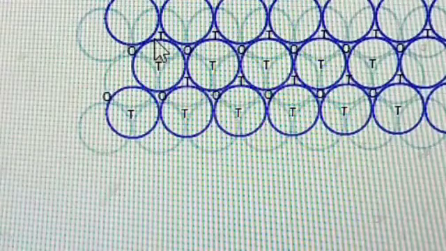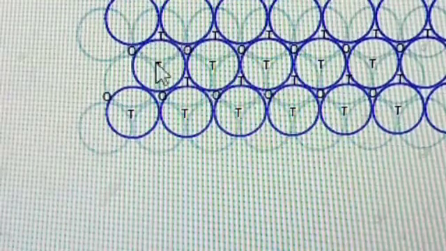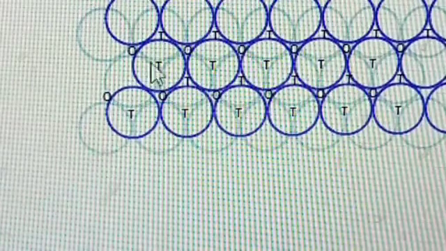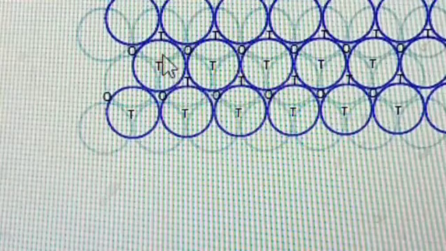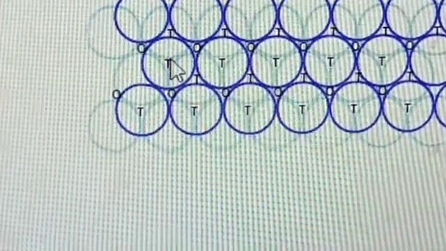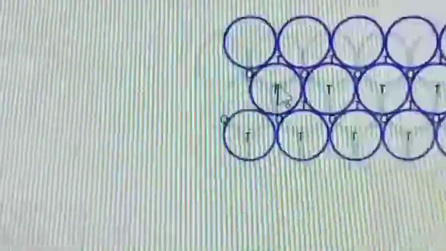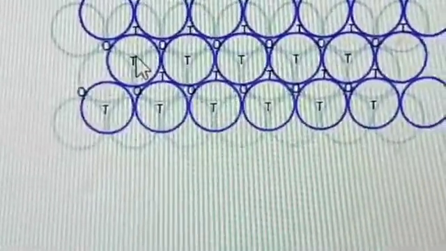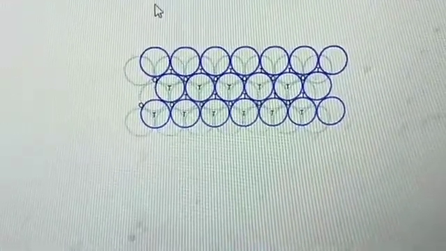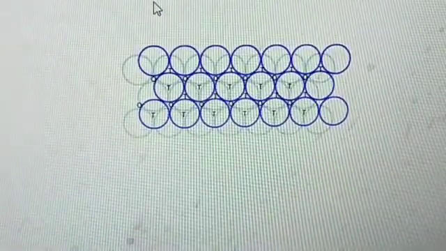So when we join the centers of these four spheres, this is one, and this particular sphere, we get a tetrahedron. So we call these types of holes tetrahedral holes, and all those tetrahedral holes are represented with the letter T.